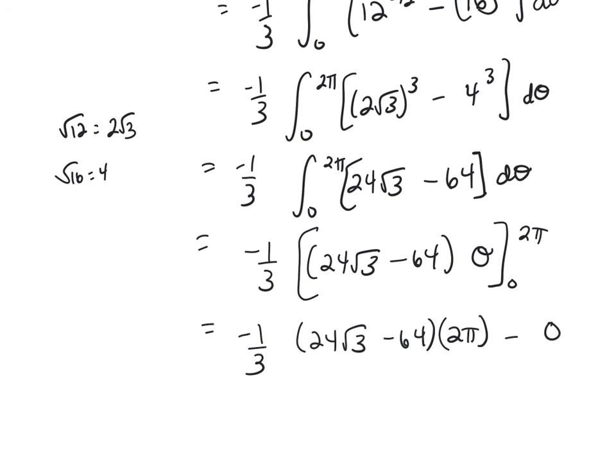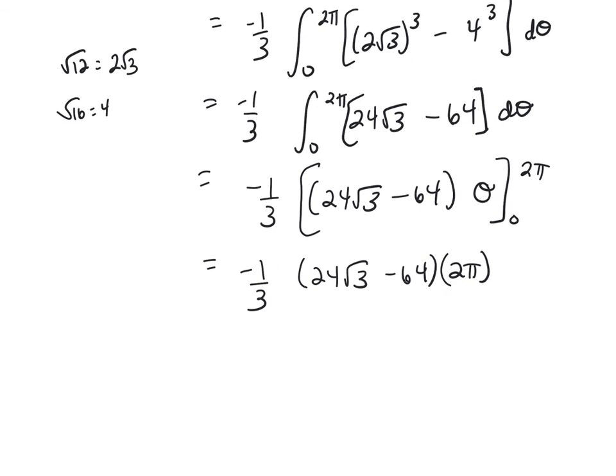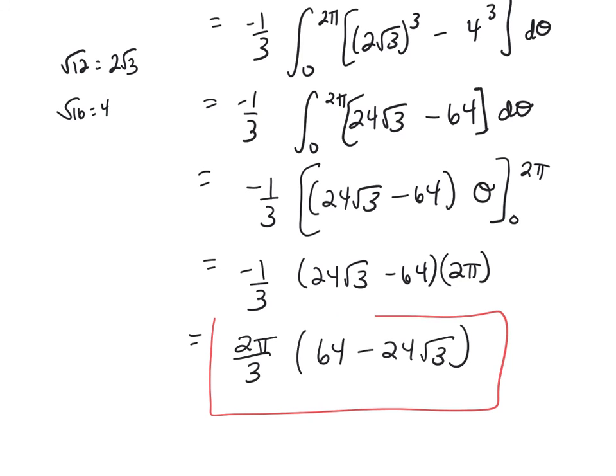If you plug in 0, you get 0. So really I'll just write this. And you're calculating volume here, which should be positive. If I distribute out this minus, we get 2 pi over 3, 64 minus 24 square roots of 3, this will be a positive value now. So this is the volume.